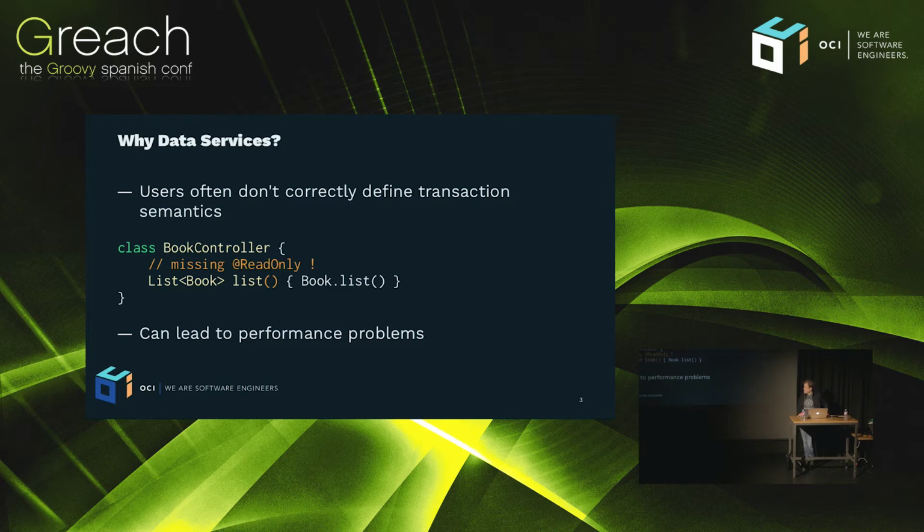It has to perform that check unless you specify read-only. So that can lead to problematic performance issues, particularly if you have a domain class with a lot of properties or you have a lot of data that you're reading. And a lot of performance problems we see in production applications lead back to incorrect transaction demarcation.